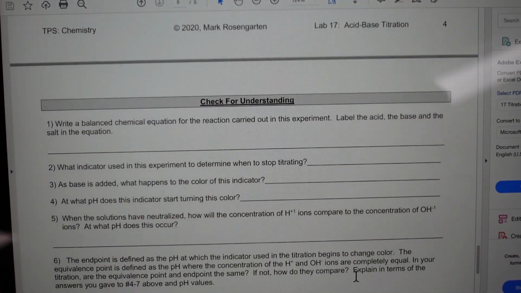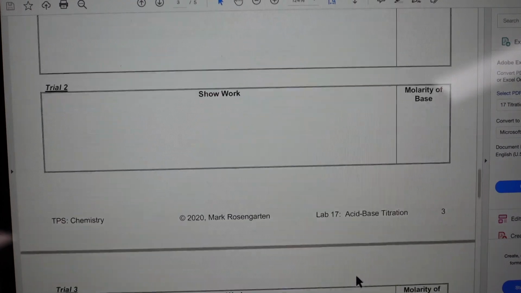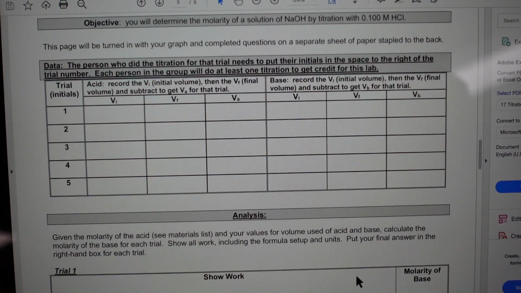When you're all finished, there are some questions to answer on the next page. All right? So get your data table ready, and we are going to start with our first trial for our titration.